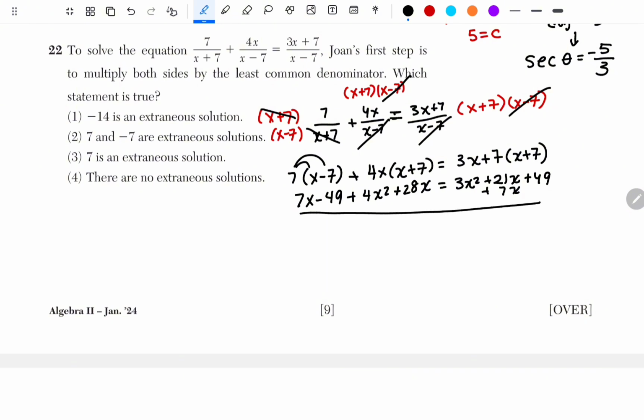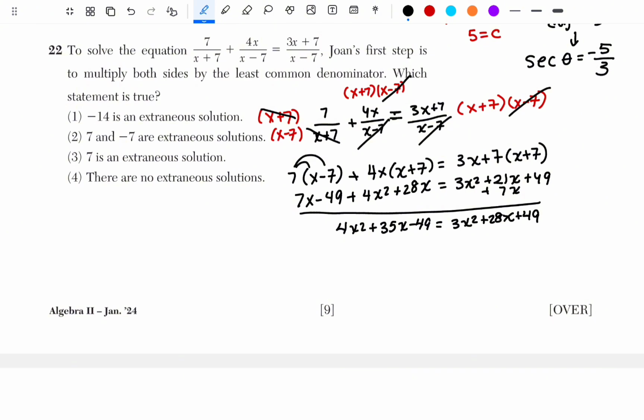And if we simplify all of that, we're going to get 4x squared plus 35x minus 49 is equal to 3x squared plus 28x plus 49. And so after that, we need to find the solutions to the equation. And so solutions would be the x values that would make both equations true, make both equations correct.